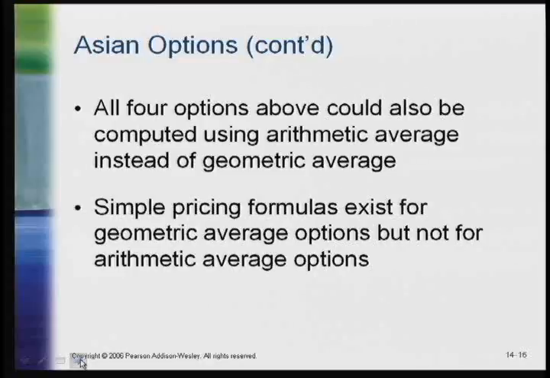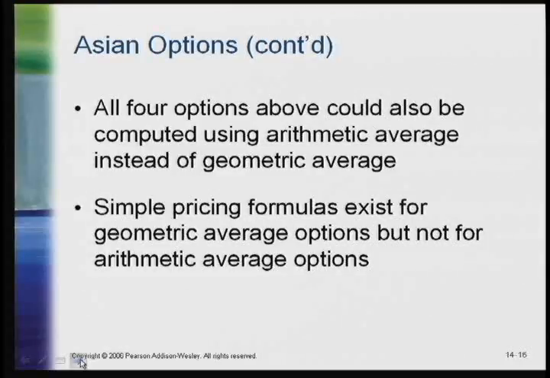Interestingly, although the geometric average looks more complicated as a mathematical formula, because of the nature of Brownian motion and in particular the assumed stock price behavior that we've seen on a binomial lattice and will later see in a stochastic process, geometric averages lend themselves more easily to mathematical analysis.